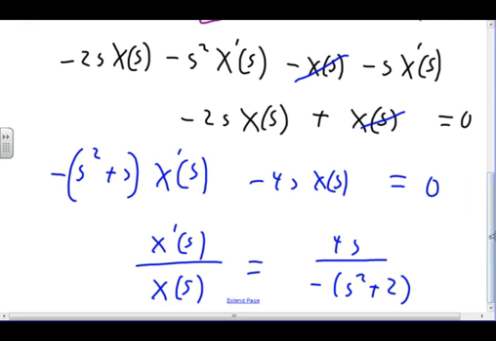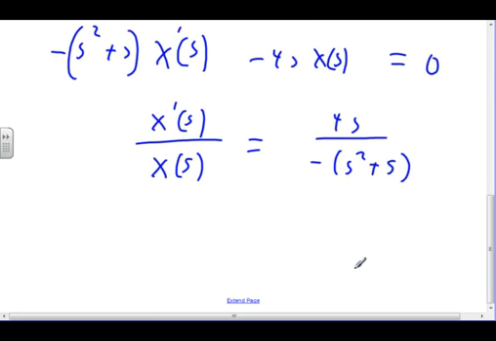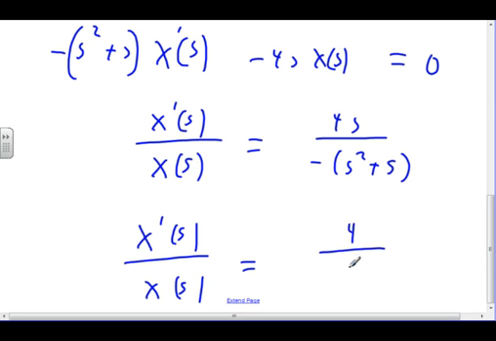S. Yeah, s squared plus s. Okay. All right, so I got x prime of s over x of s equals minus 4 over s plus 1.